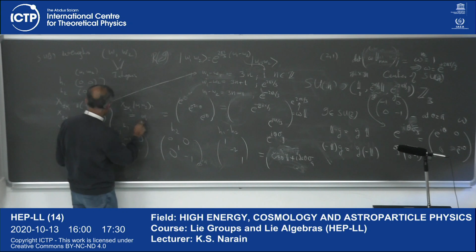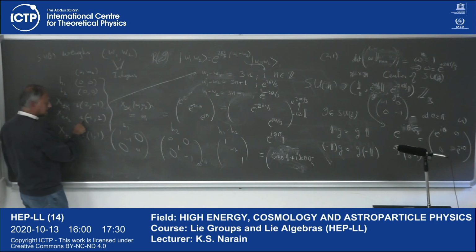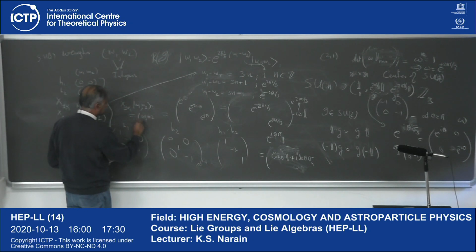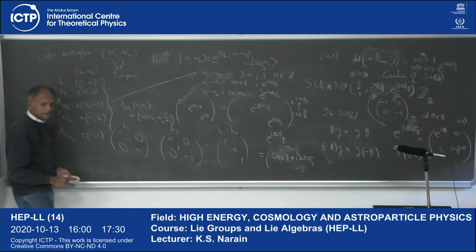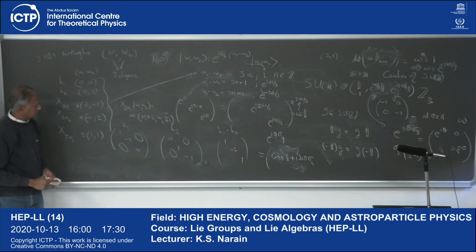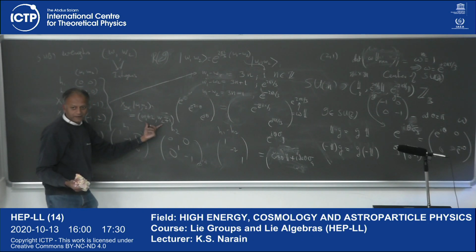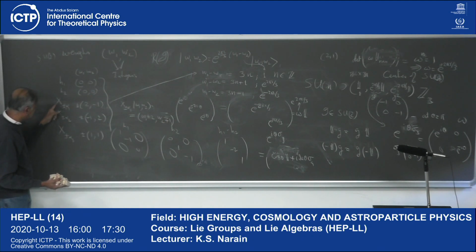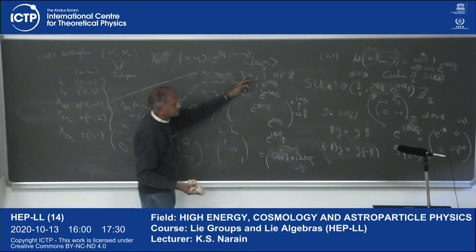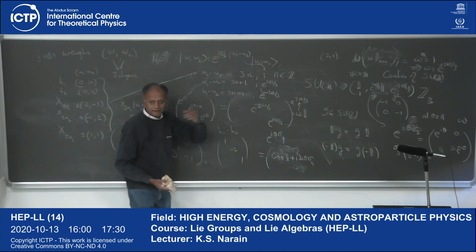I'm going to get this weight plus the weight of X alpha 1, so it will be W1 plus or minus 2 and W2 minus or plus 1. Clearly, if W1, W2 belongs to any given class, this is also going to belong to the same class, because the difference you see is the weight of these X alpha 1 or X alpha 2, etc., and they satisfy this condition, a multiple of 3. Is that clear?